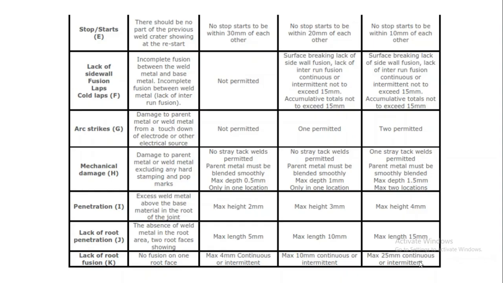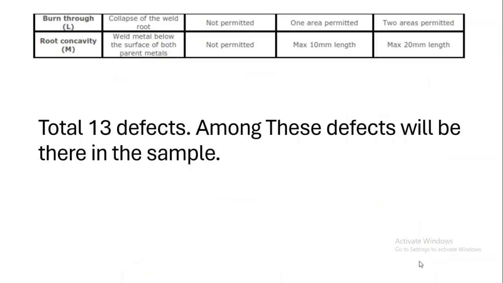That length should not go beyond 4 mm in group A, and in group C up to 25 mm. Above 25 mm, it's rejected in group C. If you are seeing intermittent, then you have to measure the total value. The total value you have to verify with the criteria.